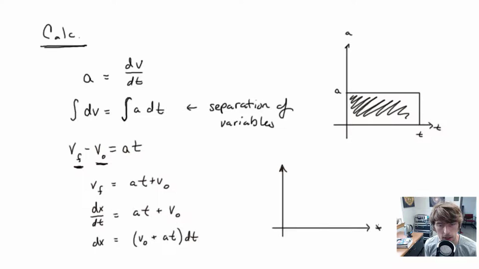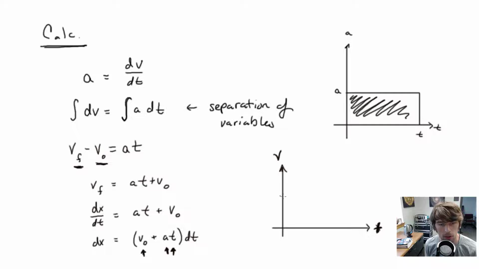So here's time. Let's plot this as time, and I will plot this as my speed, v. And what does this equation tell me? Well, this looks a lot like mx plus b. Here's the independent variable. Here's the slope. Here's the initial intercept.